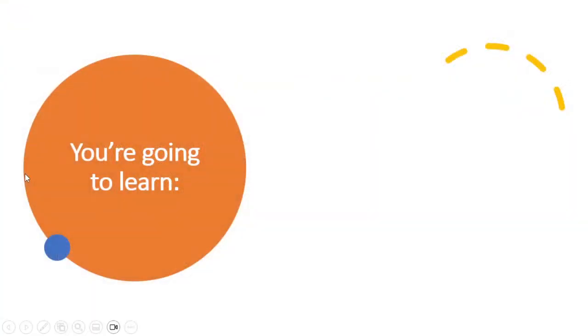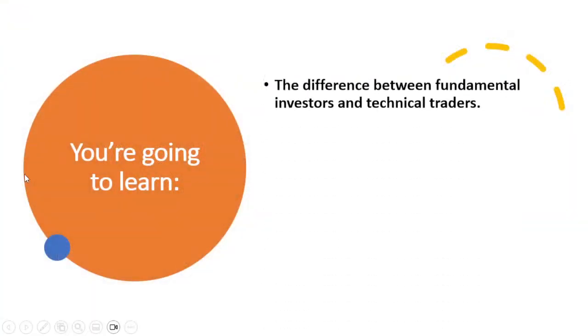Okay, so here's what you're going to learn today. You're going to learn the difference between fundamental investors and technical traders, really the fundamental disagreement of what moves stock prices. We have to talk about that first because then we'll discuss how VectorVest merges fundamental valuation and technical analysis.